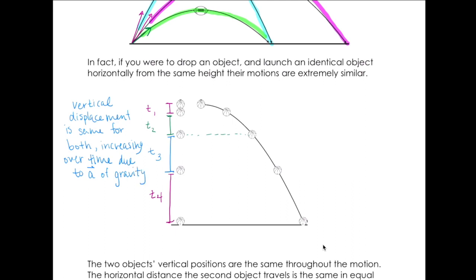Remember that the acceleration of gravity is negative 9.8 meters per second squared.